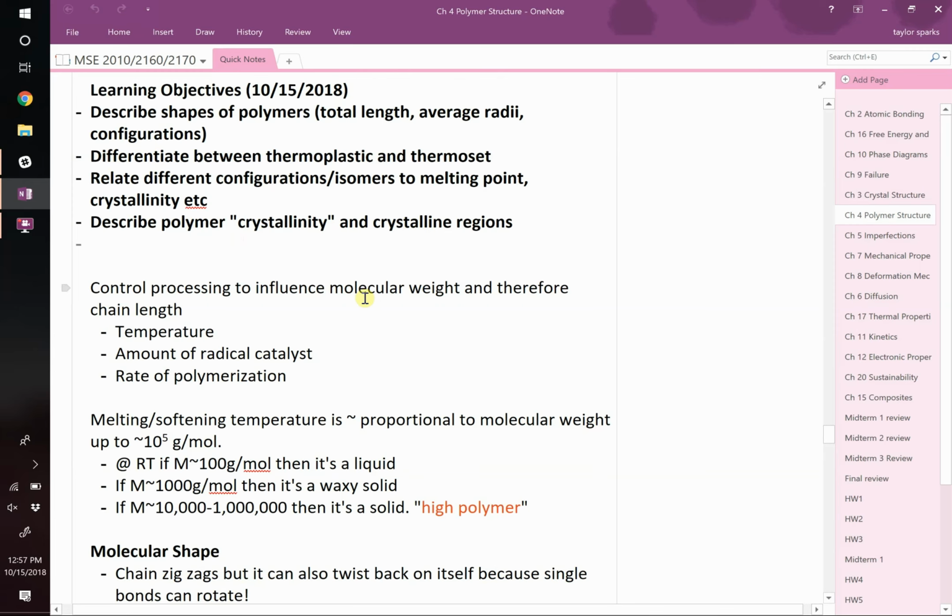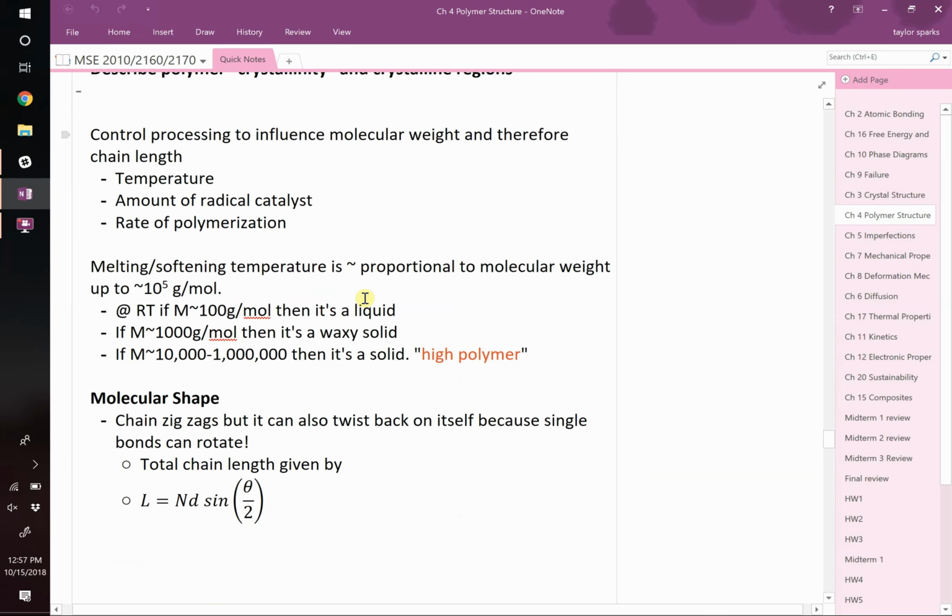Okay? So let's start with the processing parameters that might control things like molecular weight. When you're making polymers, there's a number of different variables that you can control. One of them right off the bat is temperature. You could control the reaction temperature. You could control the amount of catalyst that you add.